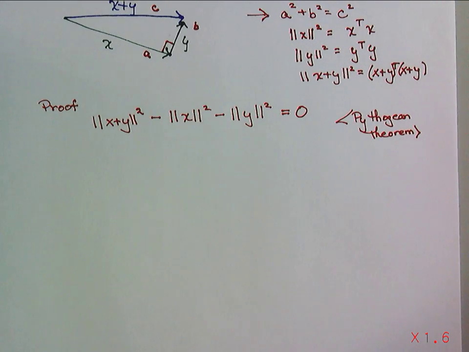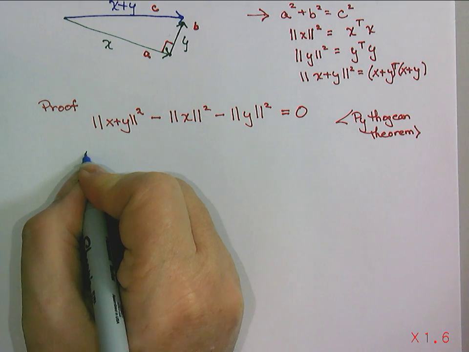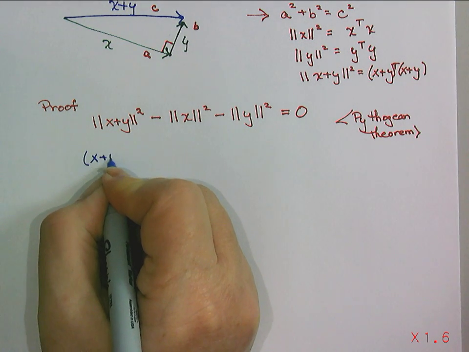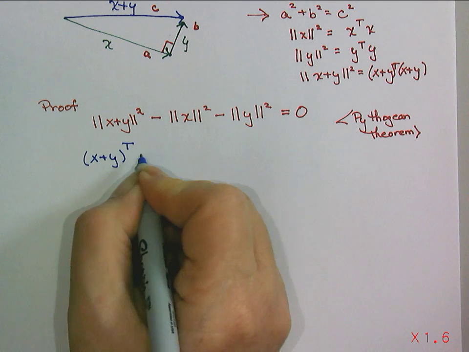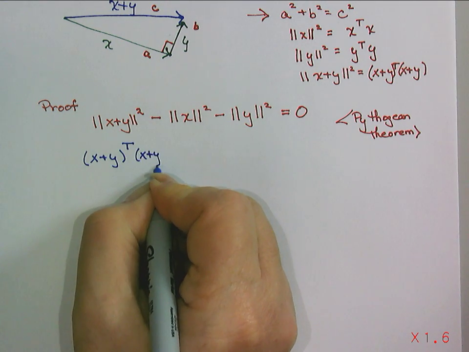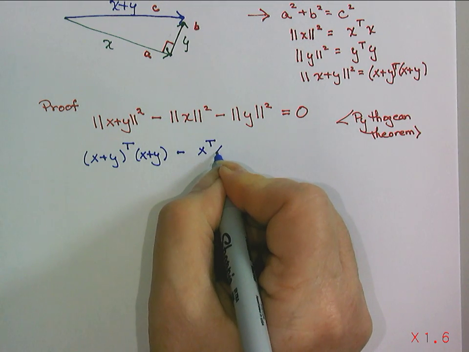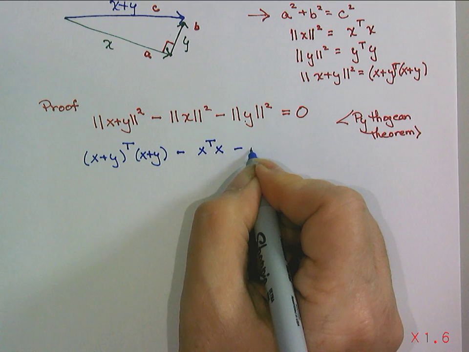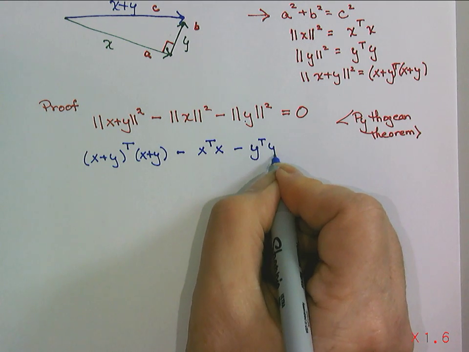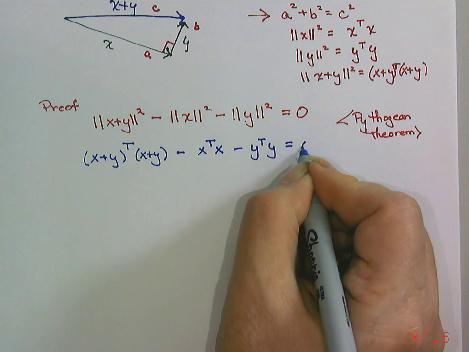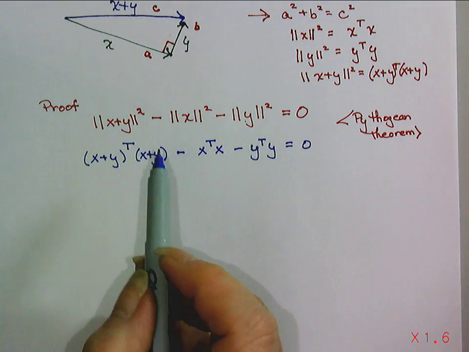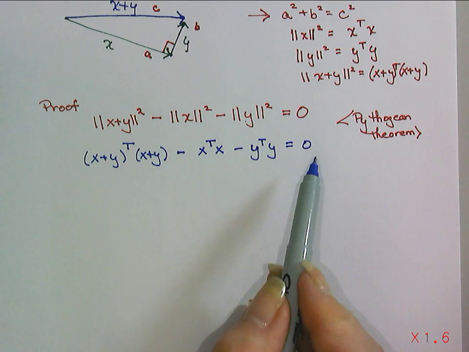Now, what do we know about these lengths? Here we have the inner product of x plus y with x plus y. And this is going to be the inner product of x with x, and this will be the inner product of y with y. If we perform the arithmetic here, we should get 0.